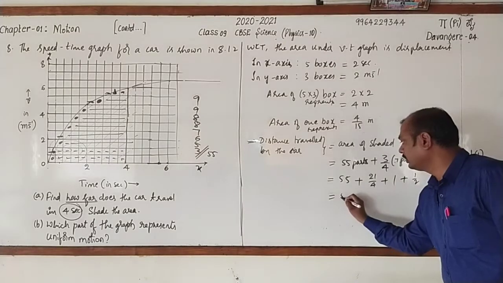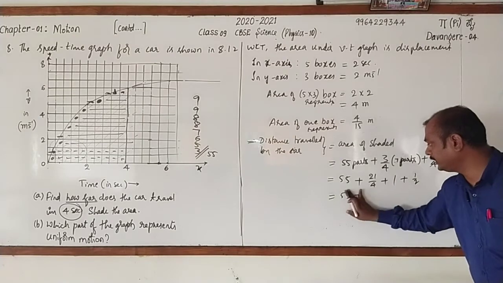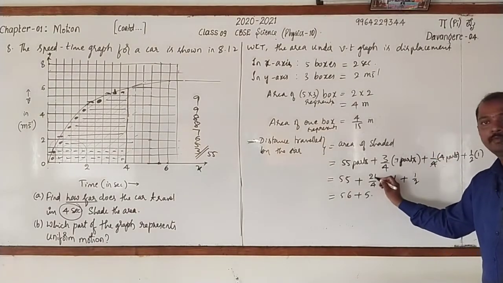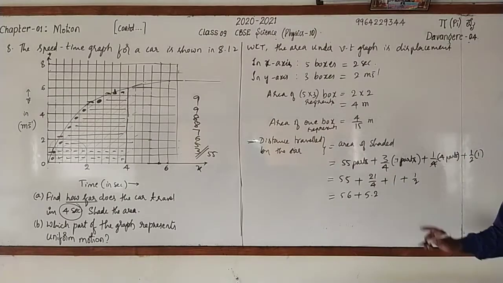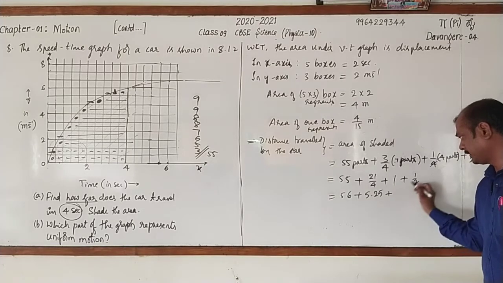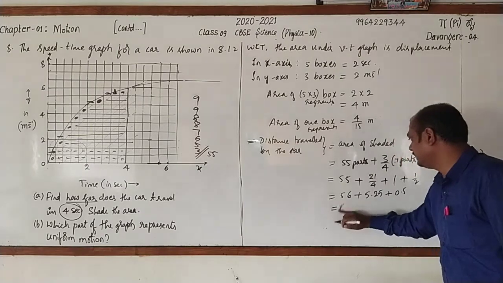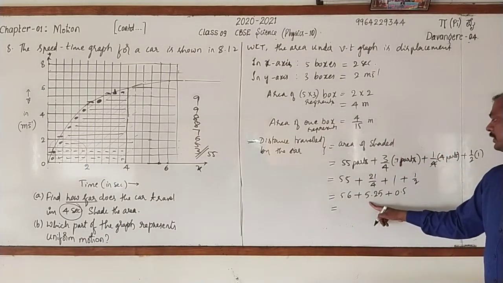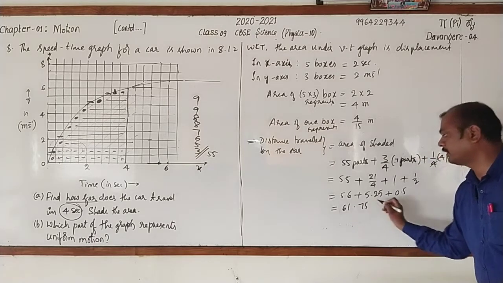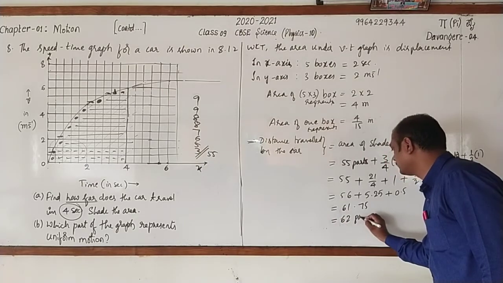This is equal to 55 plus 1, 56. 21 by 4: 4 5s are 20, 1 will remain, 10, 4 2s are 8, 2 will remain, 20, 4 5s are 20, plus 0.5. It is equal to 56 plus 5, 61.75, approximately we can write 62 parts.